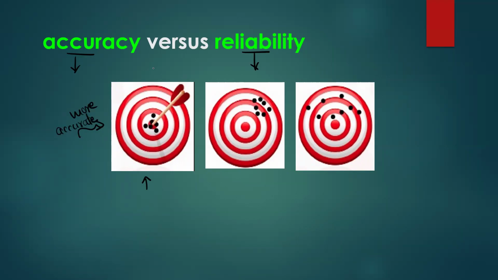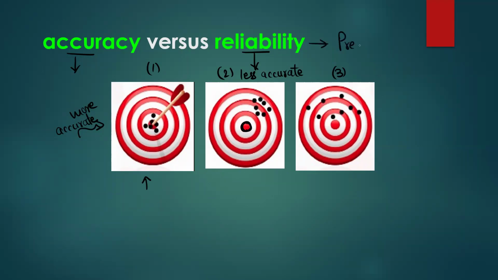And in picture number 2, as you can see, they are very far from the middle spot. So it means they are far from the true result. It is less accurate. And in the third diagram also, some of the results are closer, some are far, so they are not as accurate.